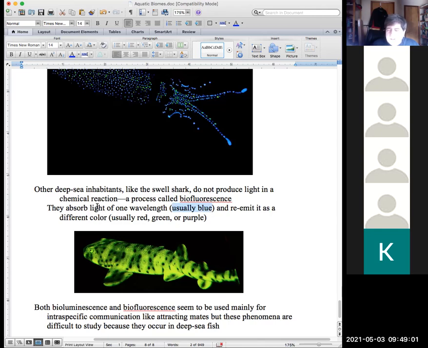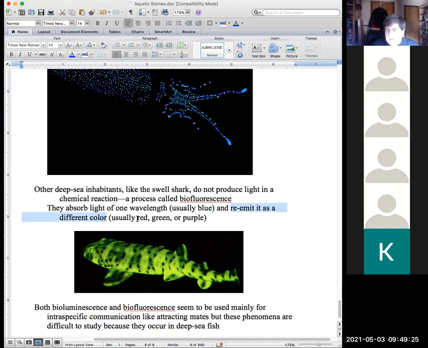In any case, in this process, blue light is absorbed and it stimulates the chemicals. And when it stimulates the chemicals, the light is re-emitted, but it's re-emitted as a different color. Remember when we talked about photosynthesis back in 105, a different color really means a different wavelength also.